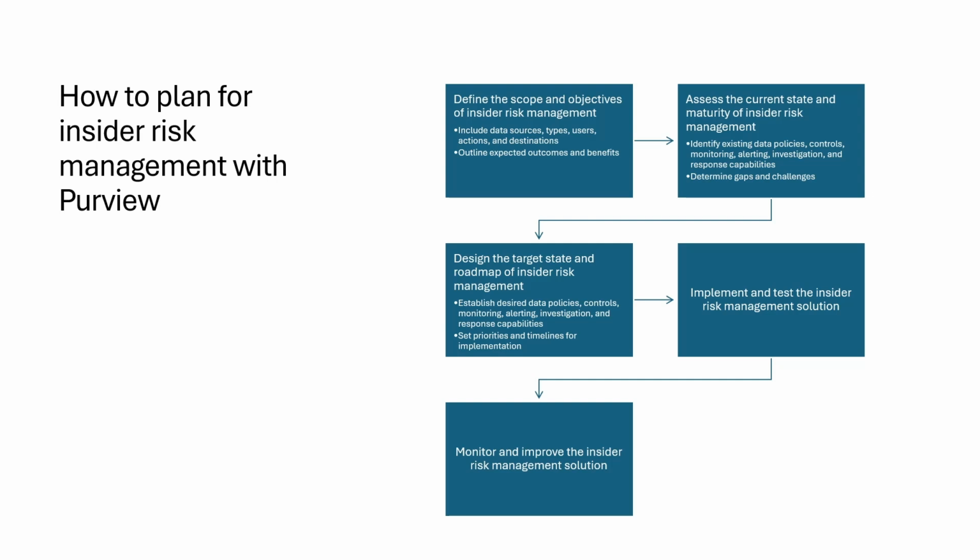For example, we want to know what the data sources are, what the data types are, who the data users are, what actions they take on the data, and where this data is moving to? Okay, those are some of the things that will be in scope, and we want to also know the expected outcomes and benefits of insider risk management.